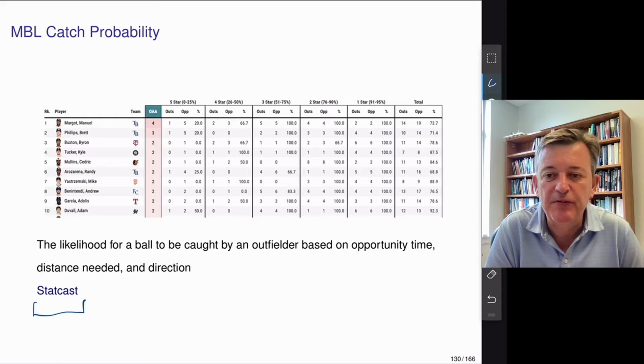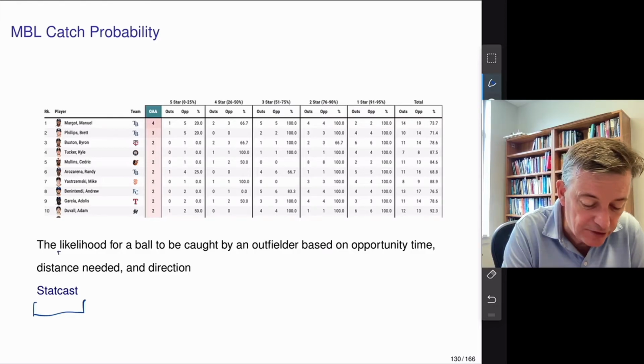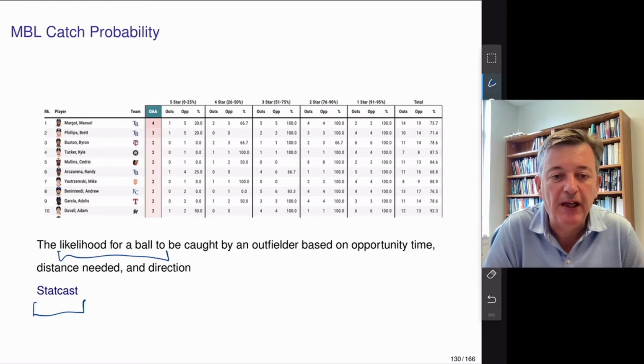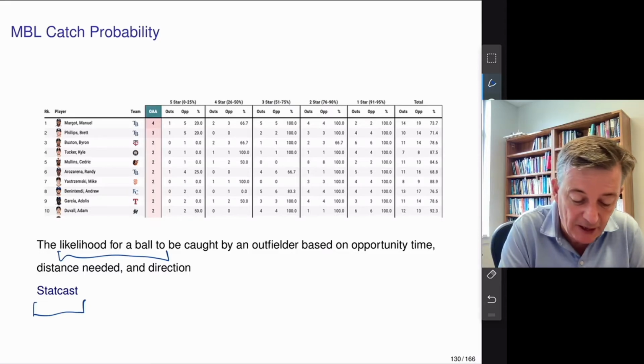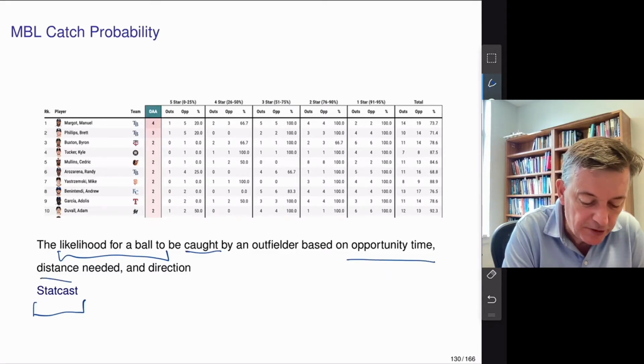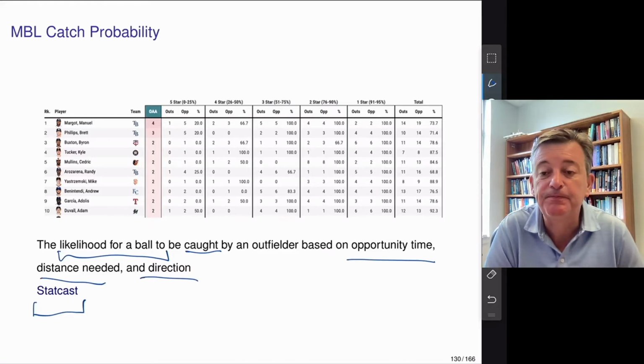And again, there's lots of these statistical models where video footage is being recorded. And again, a logistic regression type model. You want the likelihood of a ball to be caught by an outfielder as a function of a bunch of input variables: opportunity, time, distance needed, and direction.